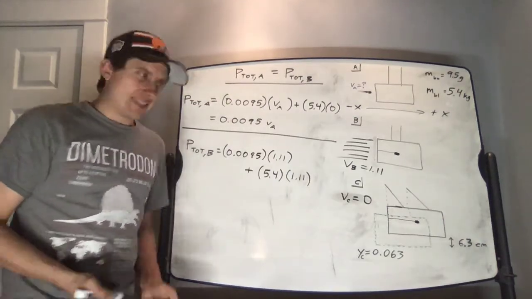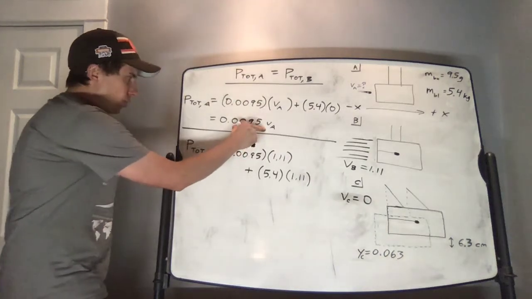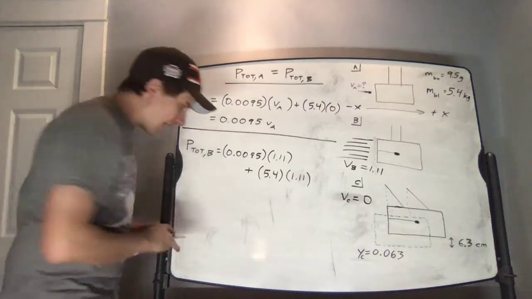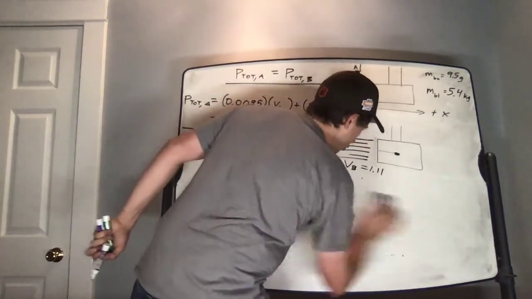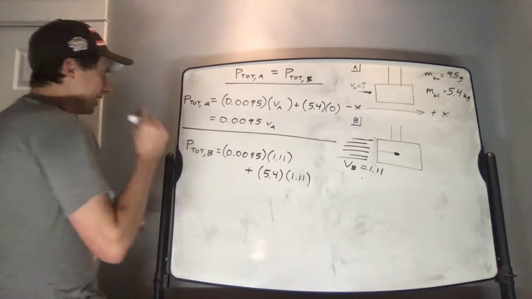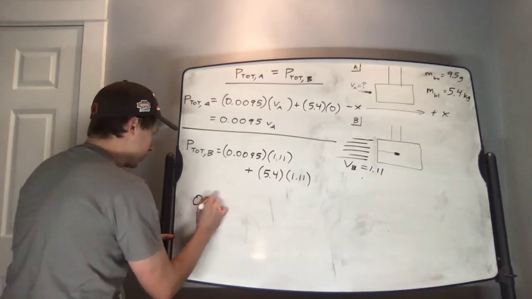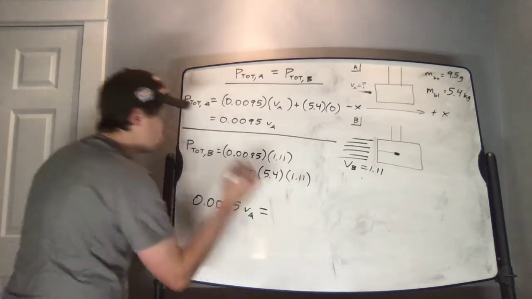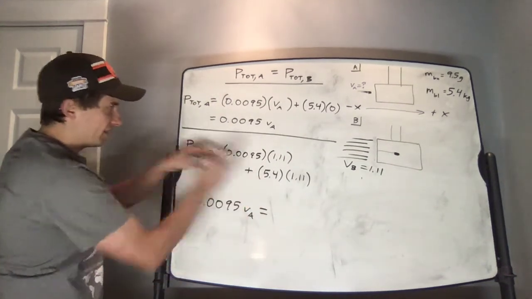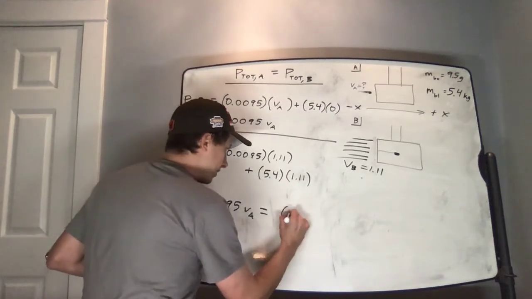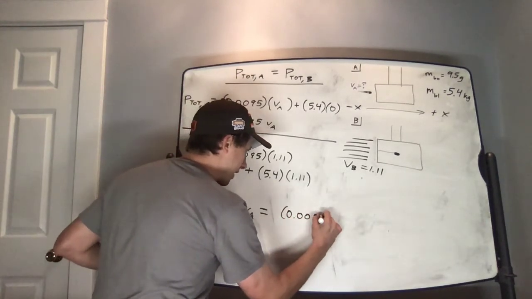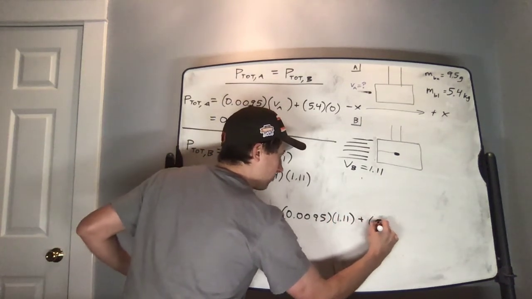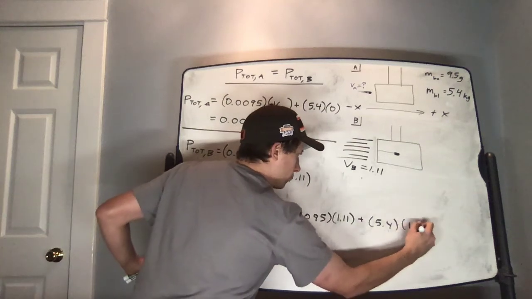When I set the total momentum at moment A equal to the total momentum at moment B, I would get 0.0095 VA for moment A, and this for moment B. So I have 0.0095 times 1.11 plus 5.4 times 1.11.